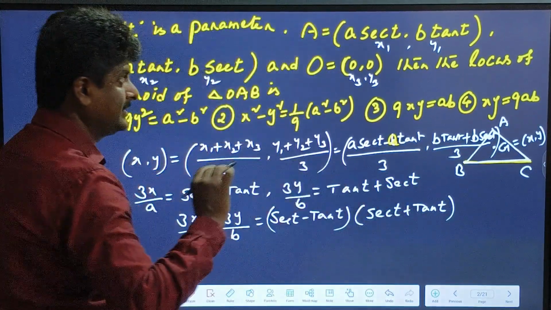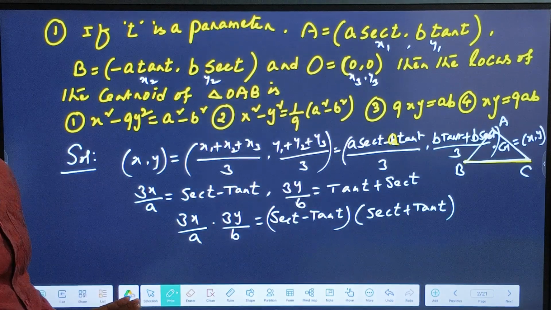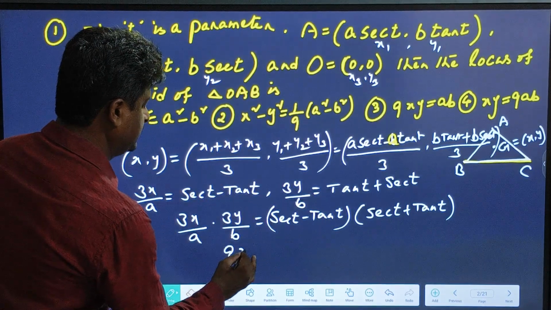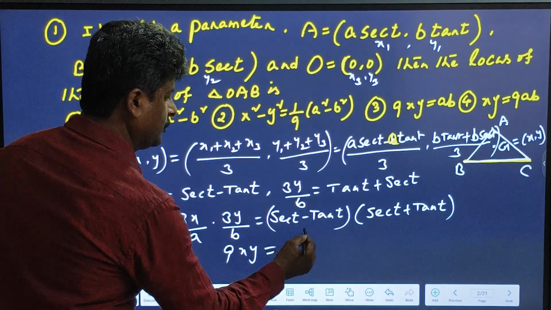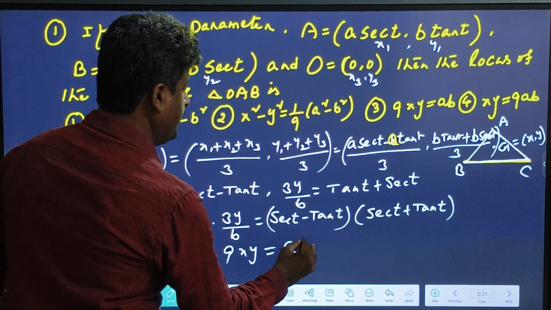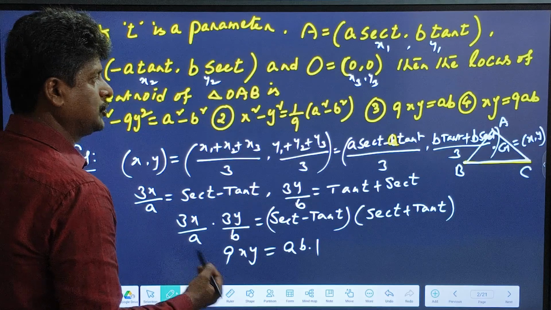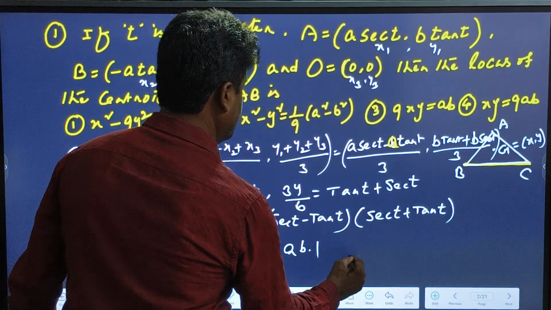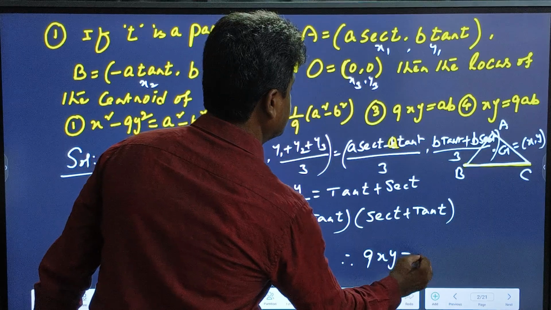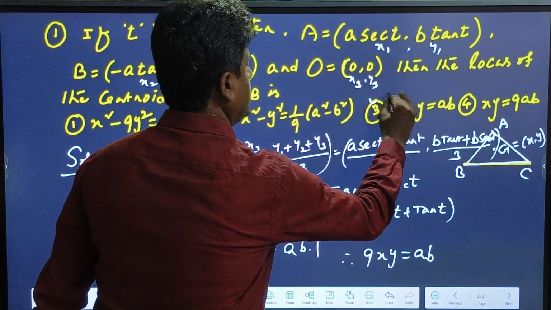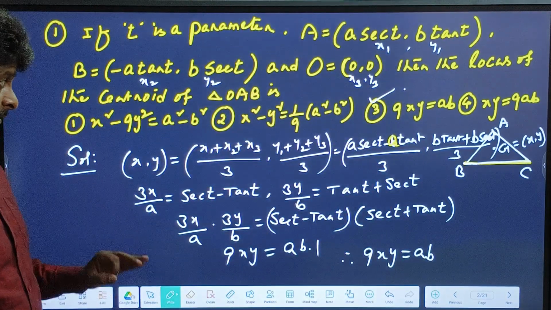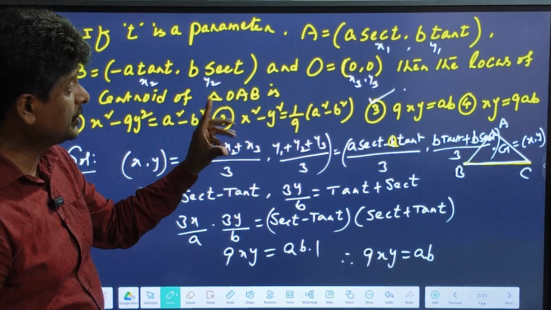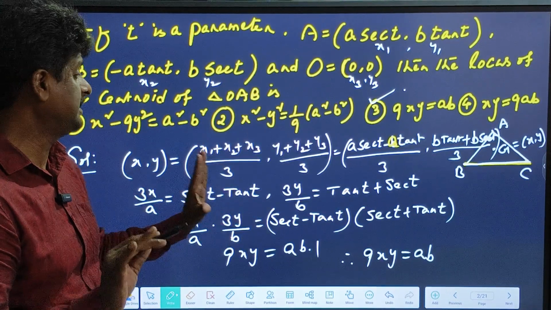Why? Because in secant and tan terms we have an identity. 9xy is equal to ab into secant square t minus tan square t, and secant square t minus tan square t is 1. Therefore 9xy is equal to ab, which can be seen in the third option. This is the way to find the equation of a locus when a parameter is involved.